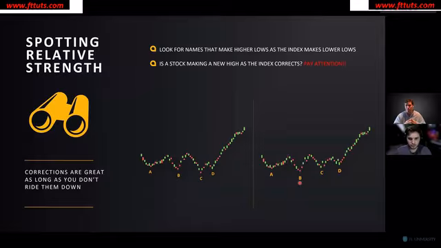But it may actually be showing relative strength. It may actually be building proper structure like this, but it's off a little bit more. So if you're strictly doing it on percentage and you're not analyzing the actual structure of the chart, you may miss some of the best opportunities. So just something to take into account.